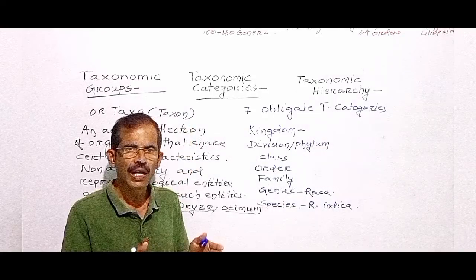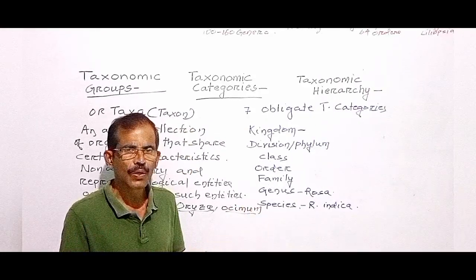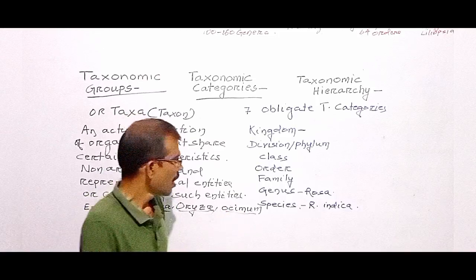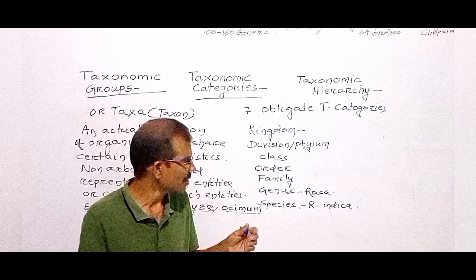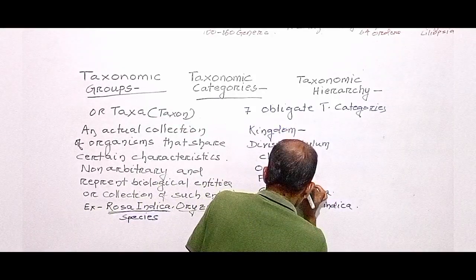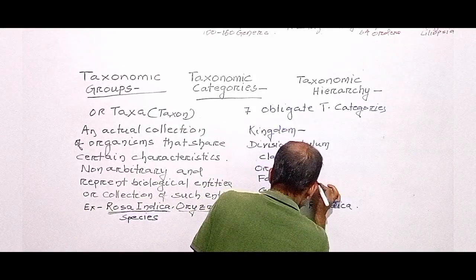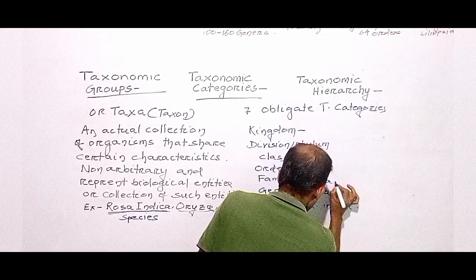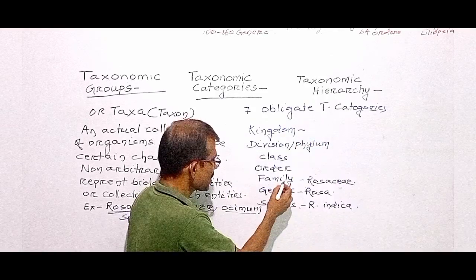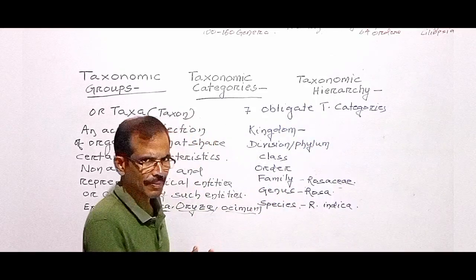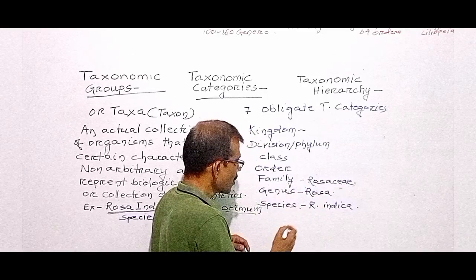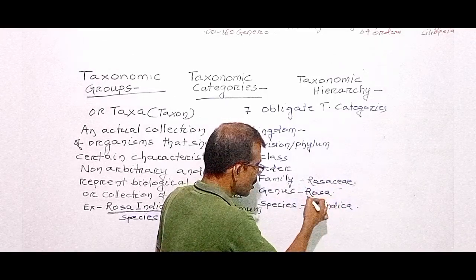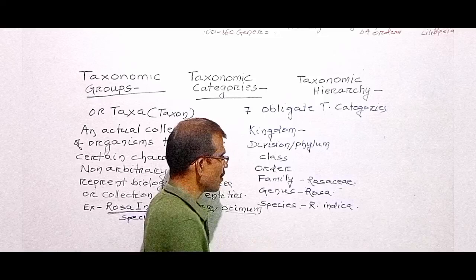Genus Rosa and closely related 100 to 160 genera are clubbed together and are included in another taxonomy group, that is Rosaceae, which is assigned to the category family. So if we compare between these two, Rosaceae is more inclusive than Rosa.